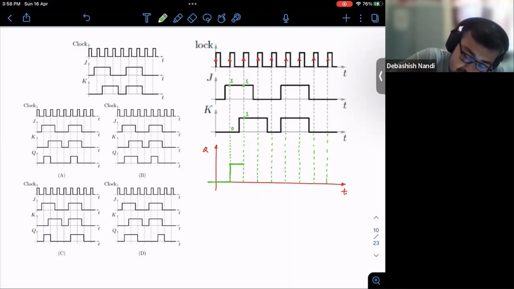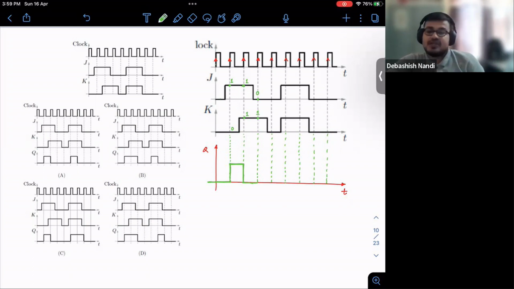So output was previously 1. So at this stage, it will just toggle back to 0. Fine. And then till next positive edge, we will wait. It will hold the value or store the value. Fine. Then at this point, what do I see? I see J is 0 and K is 1.